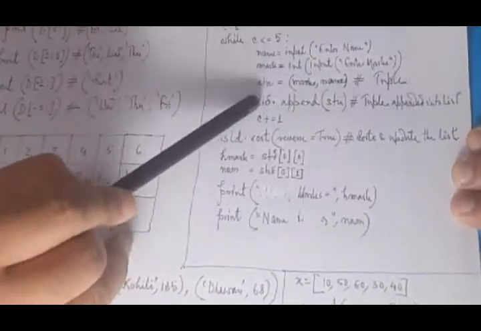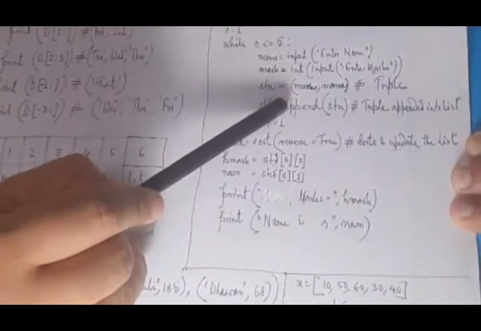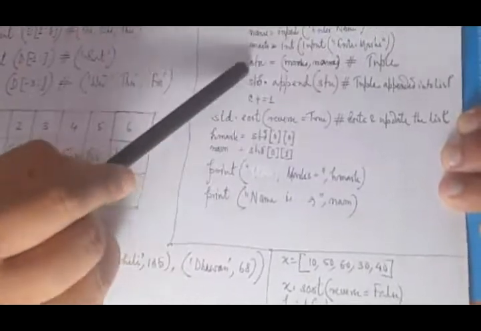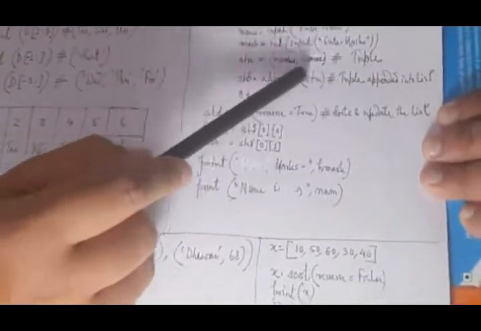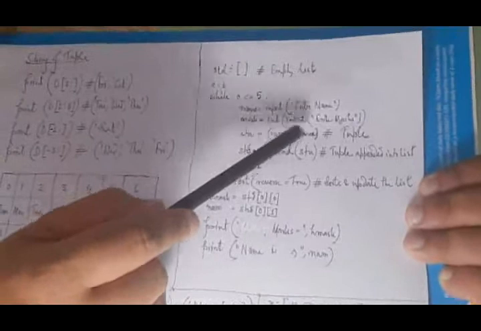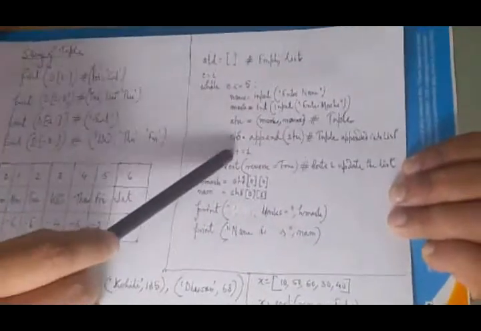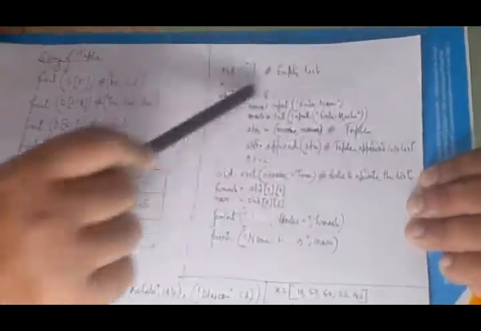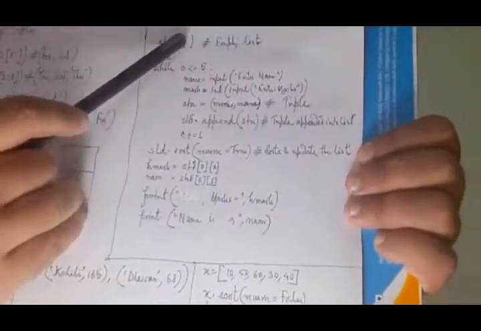So in the list STD you are appending the value of STU. STU values come from this name, marks and name, then count C becomes C plus 1 and it goes back and will run 5 times. So 5 sets of values will be taken, and the values of the tuple entered into the list.